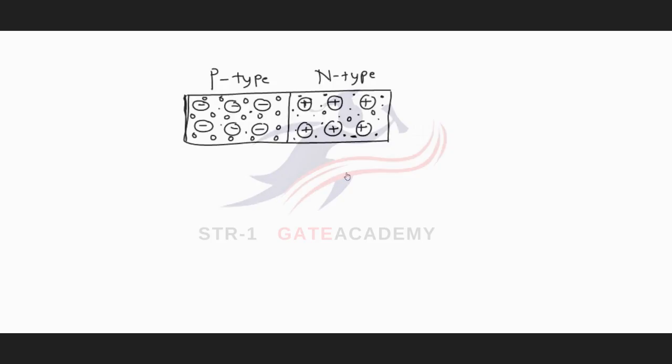As there exists a concentration gradient for holes from p-type to n-type semiconductor and for electrons from n-type to p-type semiconductor, the charge carriers will cross the junction, which is the boundary between n-type and p-type semiconductor. The holes will cross the junction and move towards the n-type semiconductor, and the electrons will move from higher concentration in n-type to lower concentration in p-type semiconductor.